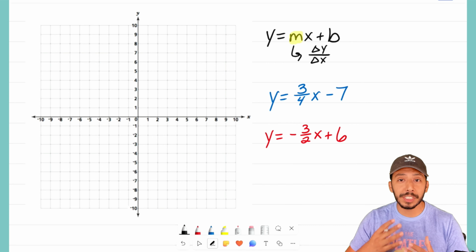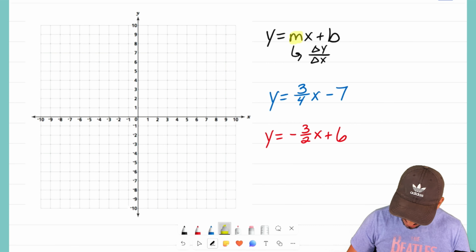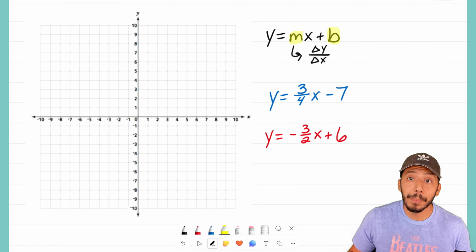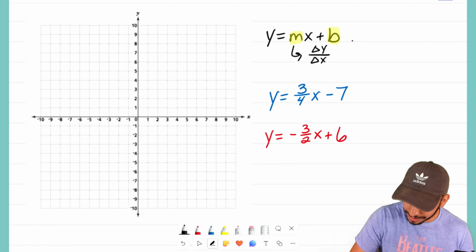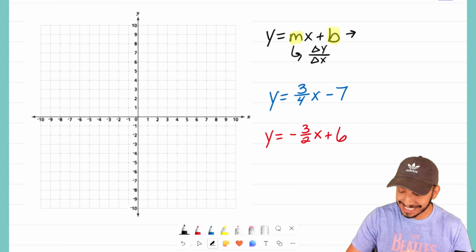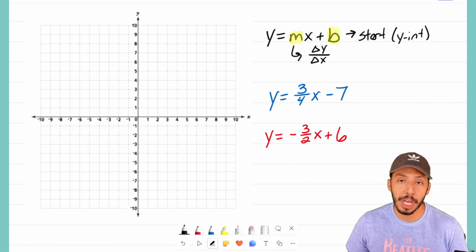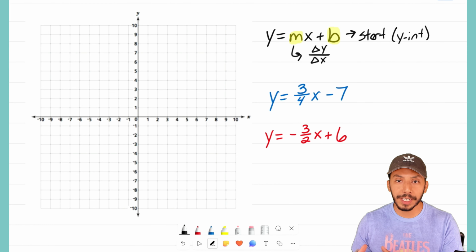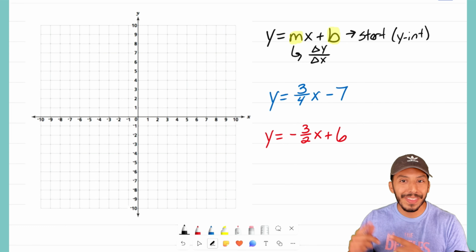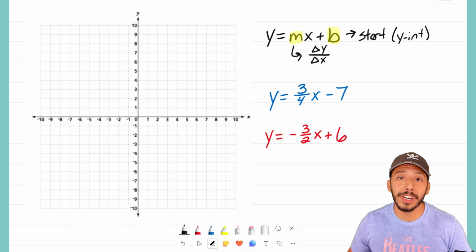So that's going to help us determine our growth rate. And then the last piece of mx plus b is b. And b, even though it's at the end of the equation, it's actually our starting point. Sometimes we also refer to it as our y-intercept. So if I know where I'm starting and how I'm growing, then I can graph these two equations very simply.